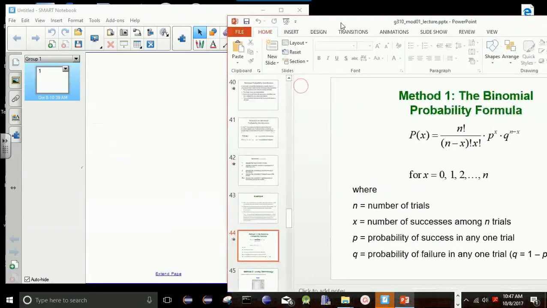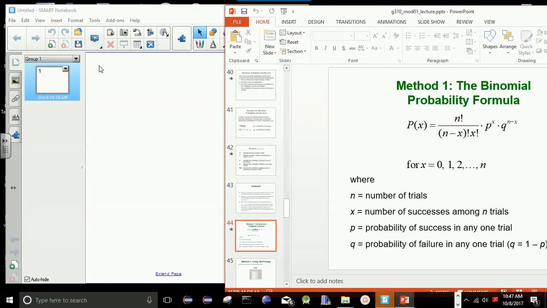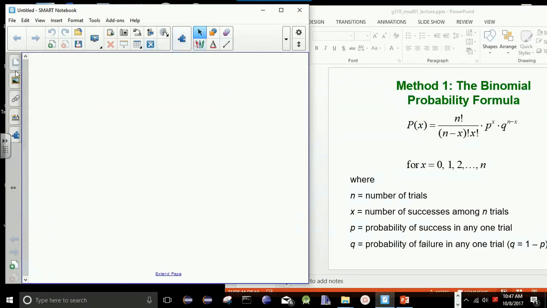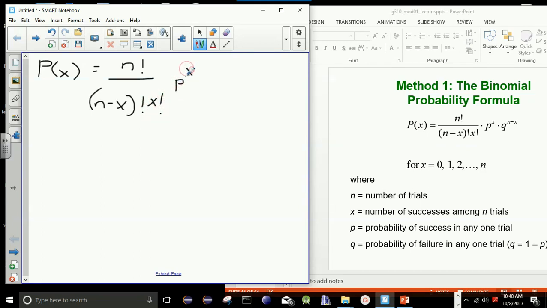On my whiteboard, the binomial probability formula is written as P of X equals N factorial divided by N minus X factorial times X factorial times P to the X times Q to the N minus X.